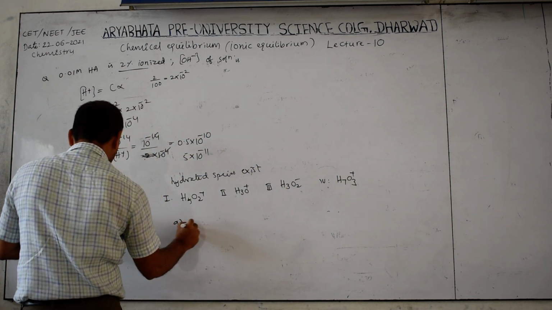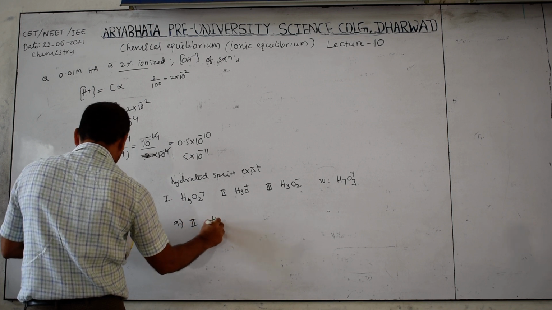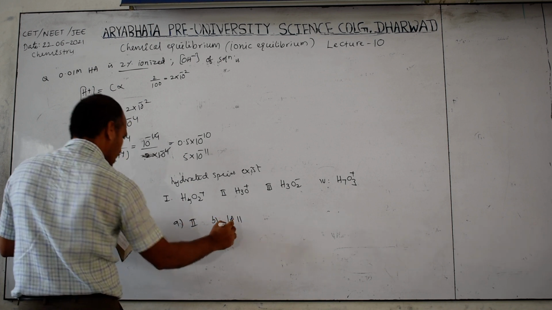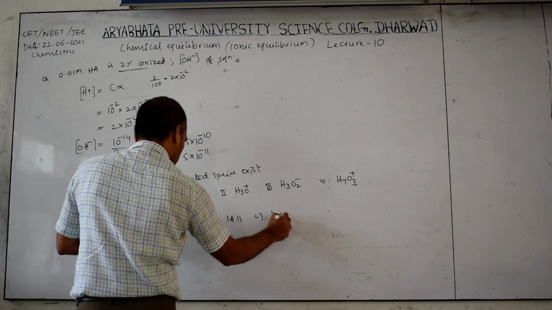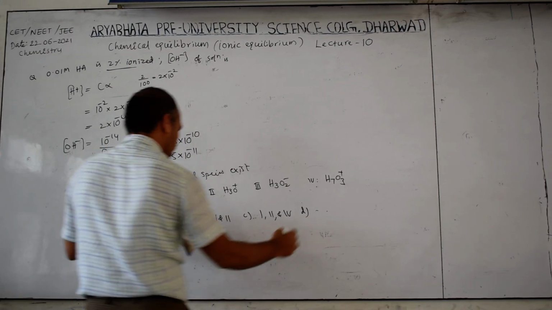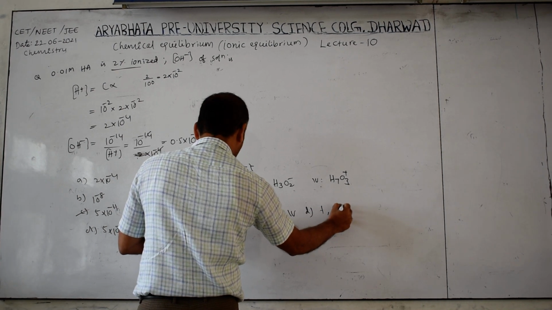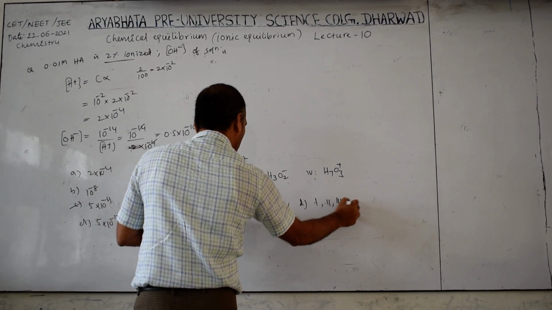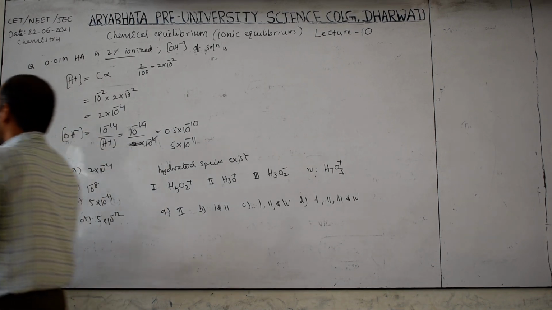Options here: A is only 2, B is 1 and 2, C is 1, 2 and 4, D is 1, 2, 3 and 4. Like this, one question is given.